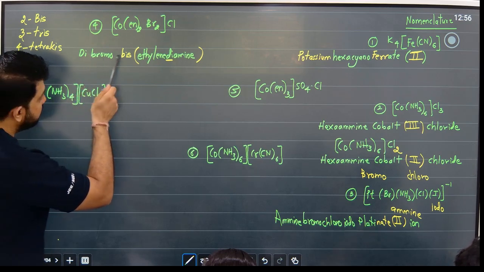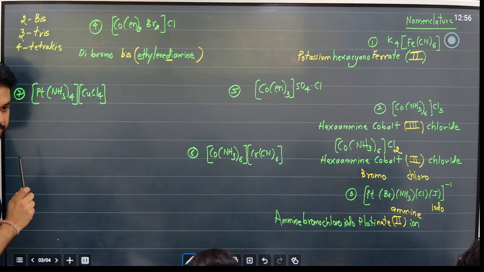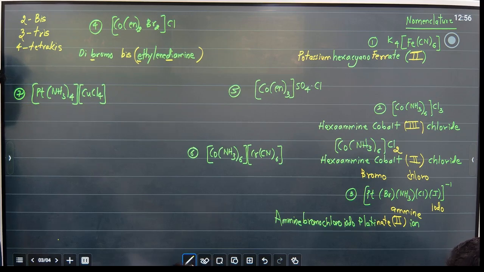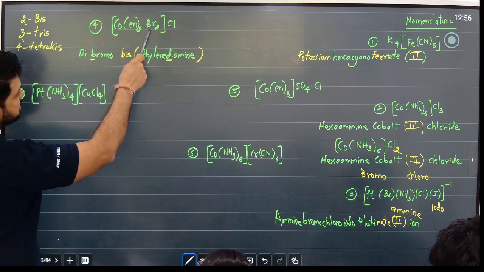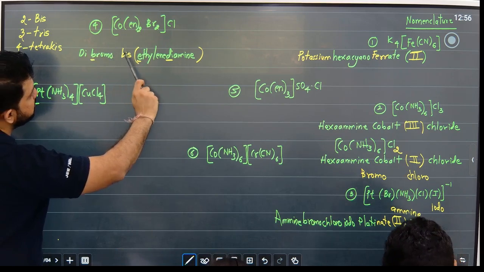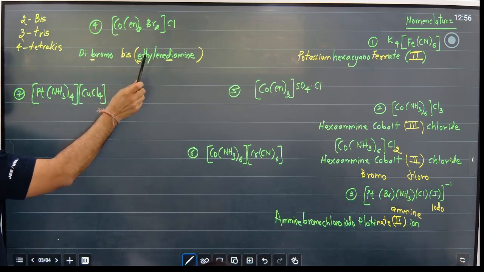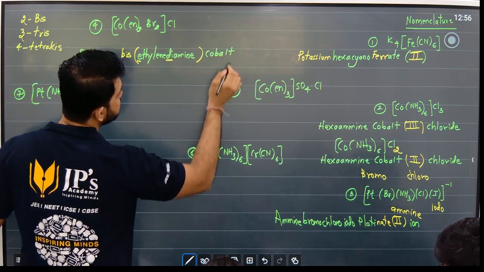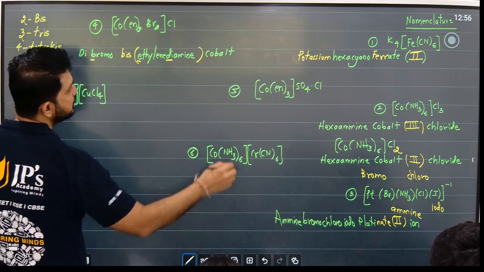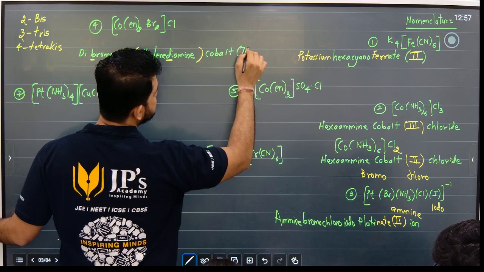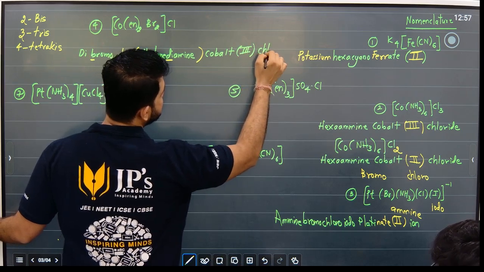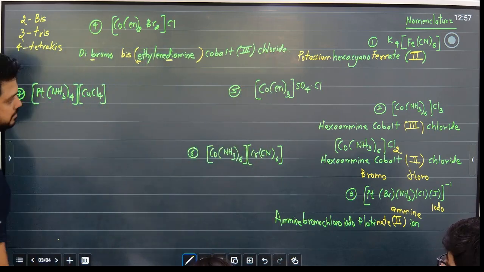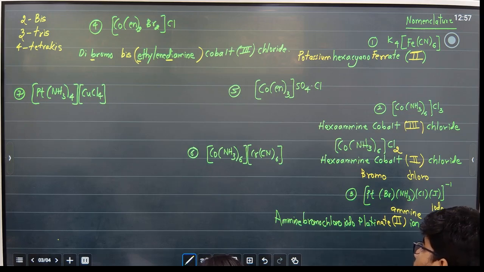You start from the alphabet of the ligand's name. So B comes first and then E. Again: dibromo, bis(ethylenediamine), cobalt. What do you have after cobalt? The charge here is 3, and fluoride. Anyone who can try this?